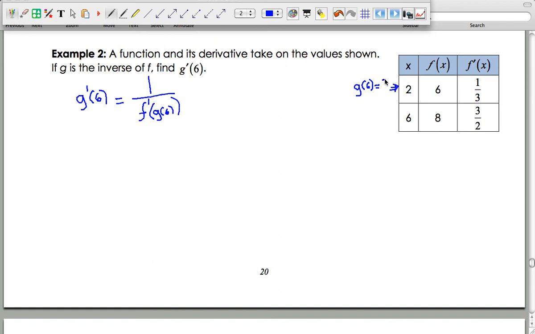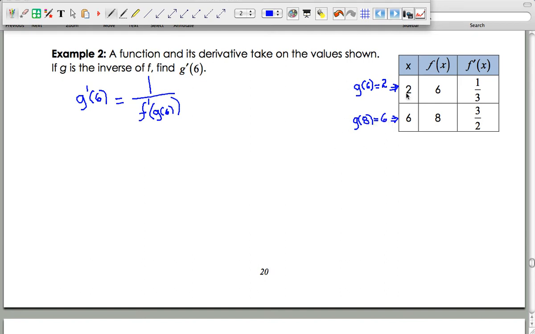I hope you all said 2. And here we can say that g of 8, the inverse function at 8, should equal 6. Notice x and y switch roles.